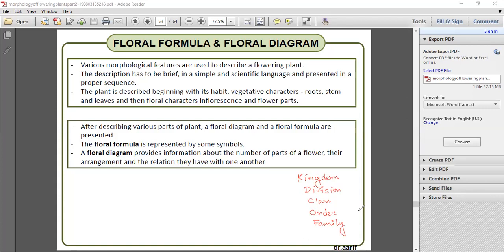So the part that we are going to discuss today is floral diagram. It's very difficult many a time. In chemistry, you must have studied the chemical formula, sodium bicarbonate. It's difficult to write so many things, but if you express it as NaHCO3, it's a shortcut.